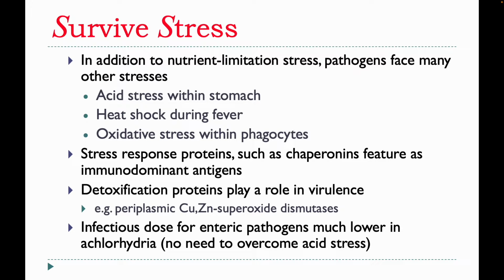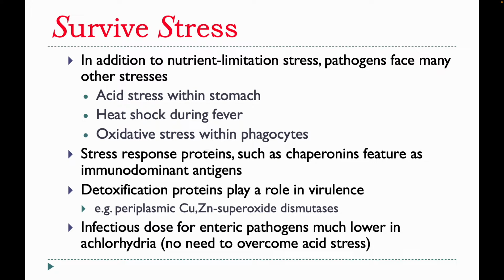And we know that detoxification proteins play a role in virulence. So when I was doing my PhD, I discovered a superoxide dismutase from Salmonella carried on a phage. It's one of those proteins that's actually involved in making the organism more virulent. And as I said, when you have no acid in your stomach, you're more susceptible.